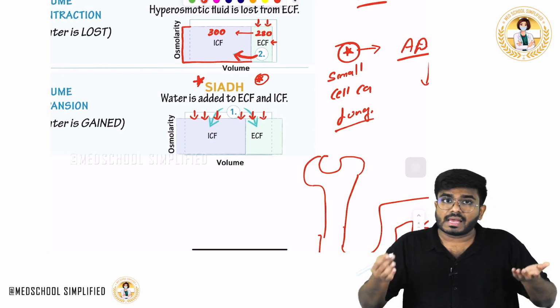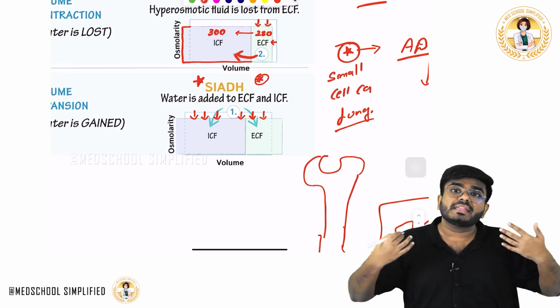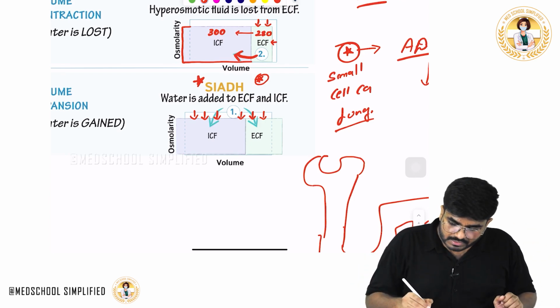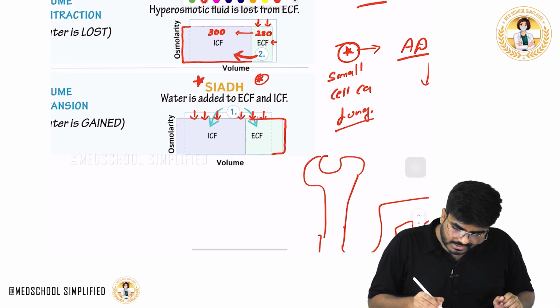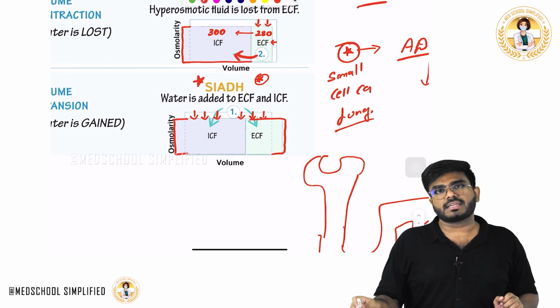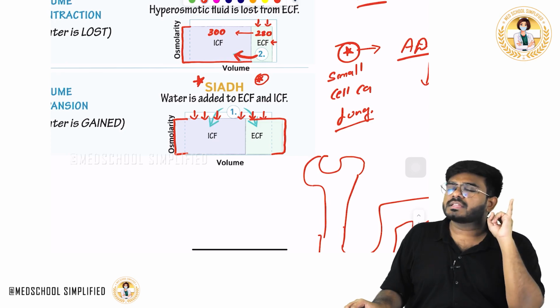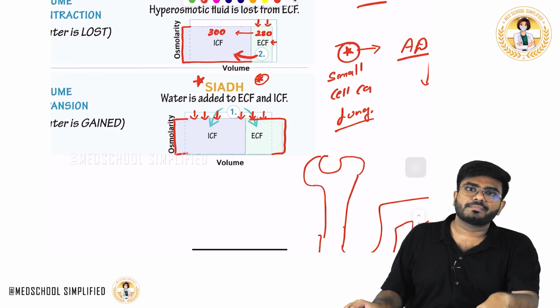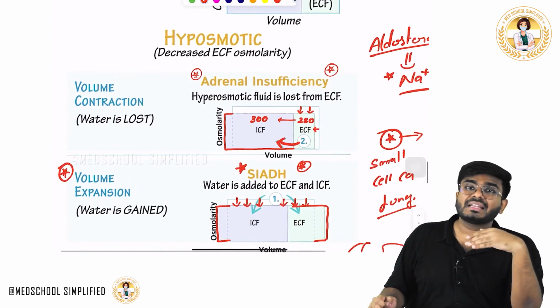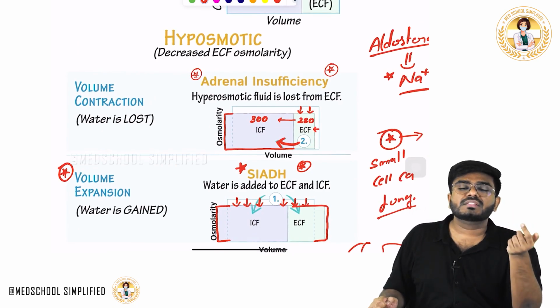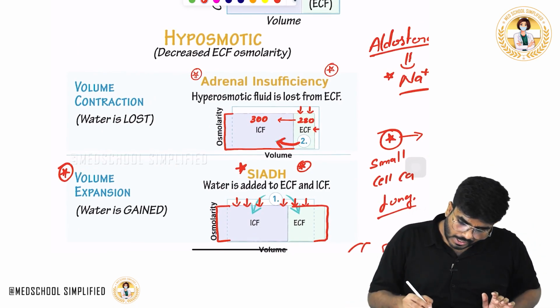And as the water is being retained in the body, the water is not going to come out. There is volume expansion, extracellular fluid is increasing as well as the intracellular fluid is also increasing. So if someone asks you, in SIADH there is volume expansion with hypotonicity. And if someone asks you about the adrenal insufficiency, in adrenal insufficiency also there is going to be hypotonicity with volume contraction.